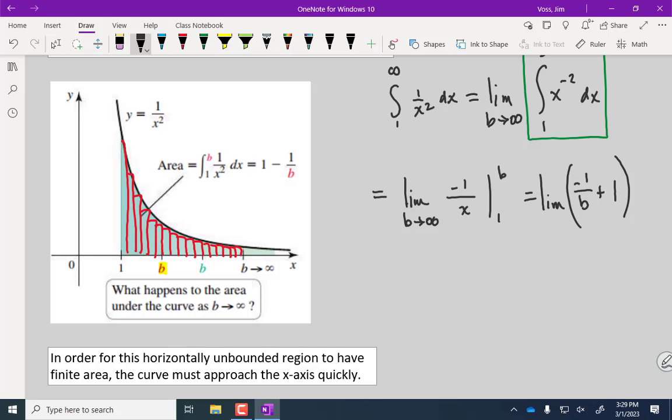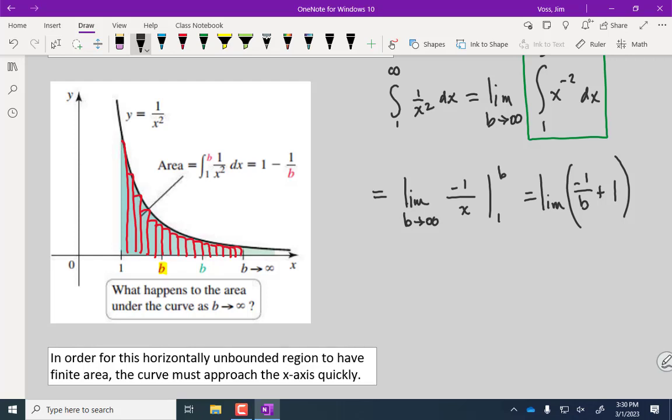This tells us the area from 1 up to whatever you chose for b. If you chose b to be 2, then this area up to 2 would be 1/2. If you choose b to be 10, then you're finding the area between 1 and 10, and that would be 9/10. So that is giving us snapshots of what the area is as we go further and further out.